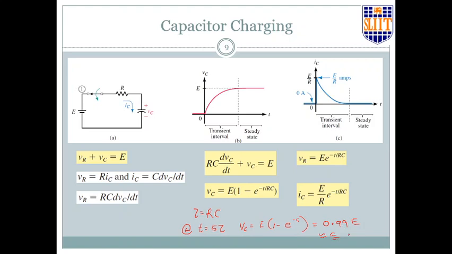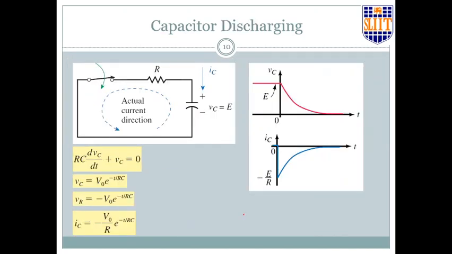So in practical conditions, we assume that at 5 times the time constant, the voltage of the capacitor goes to its full voltage. So that is what practically we consider.